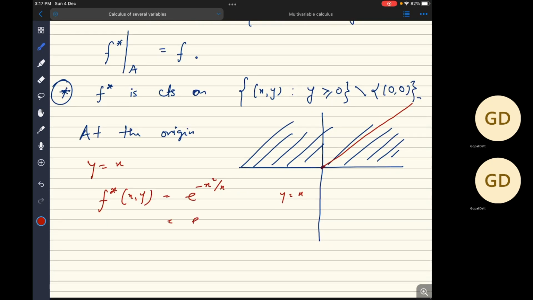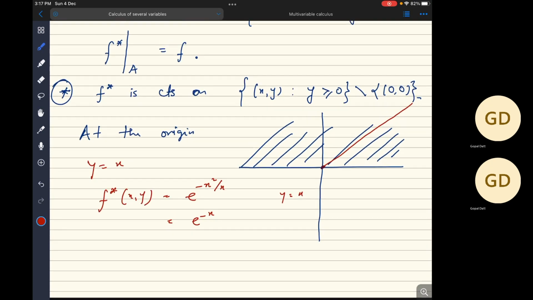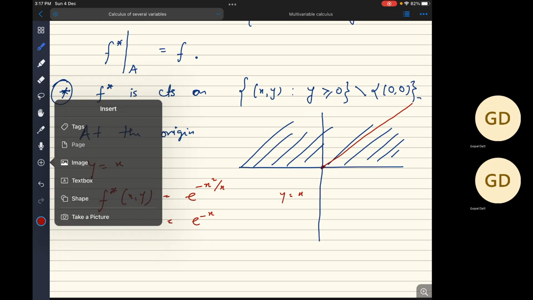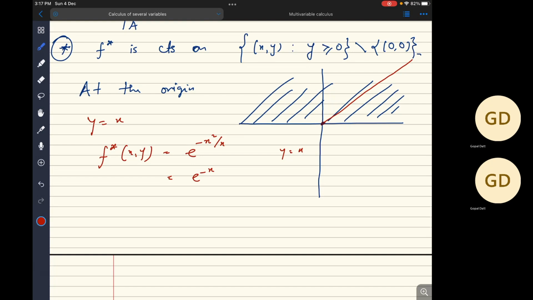So this is e to the minus x. Can I say something? No, I can't. So I have to take another curve. Which curve? It is of this form, x square by y. So let me take another curve.